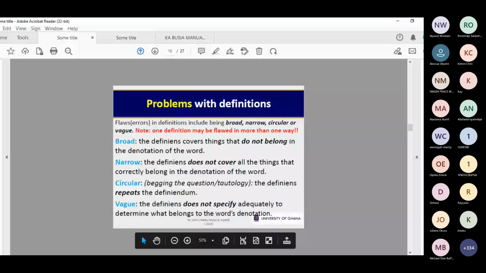And oftentimes when you use language figuratively, figure of speech, metaphorical, proverbial, then you are likely going to commit what? A vague definition, an error of what? Vagueness. So vague means you are extremely general, indeterminate, non-specific in trying to define a word such that almost everything that you can think of fits into the set.